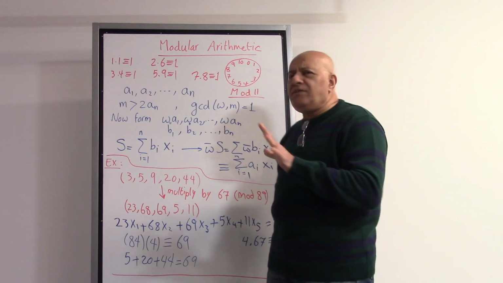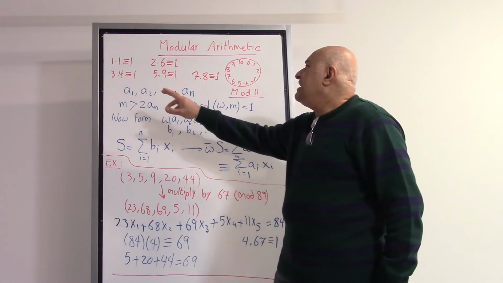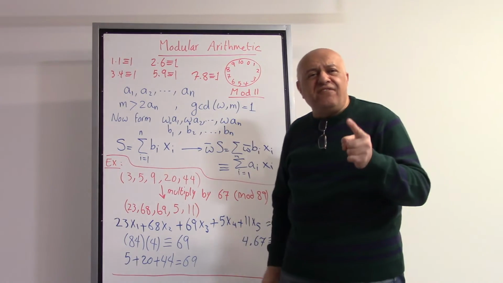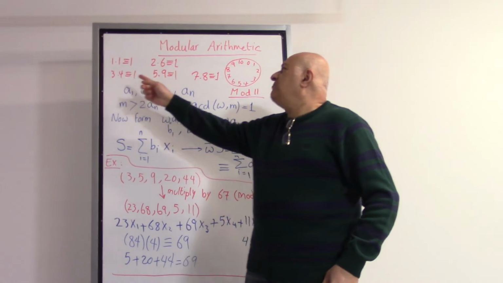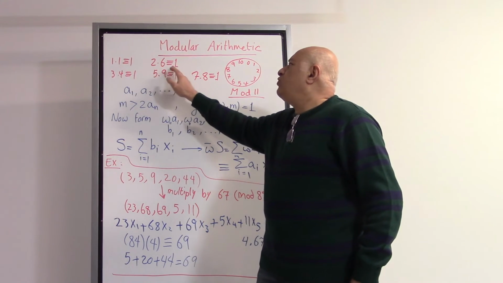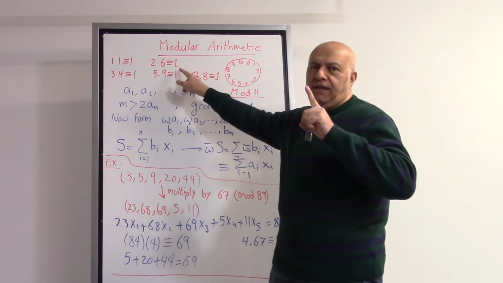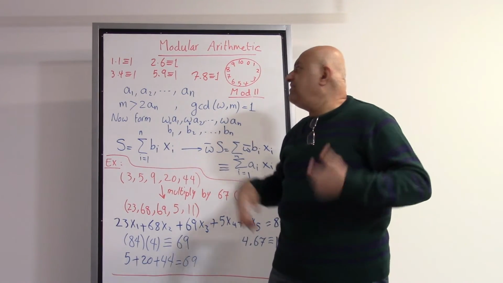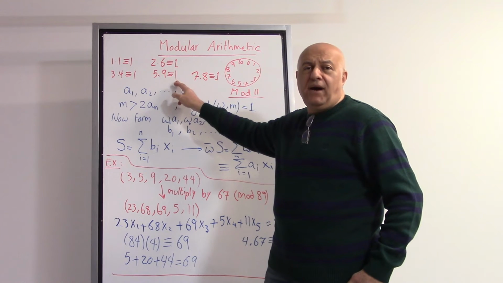Okay, look, one important thing, especially for these calculations, is that in here every number from 1 to 10 has an inverse. That means another number that when you multiply by this number, the result is 1. For example, 1 times 1 is 1. 2 times 6 is 12, but since you reduce things mod 11, the result is 1. 3 times 4 is 12, that's also 1. 5 times 9 is 45, which is 1 mod 11.